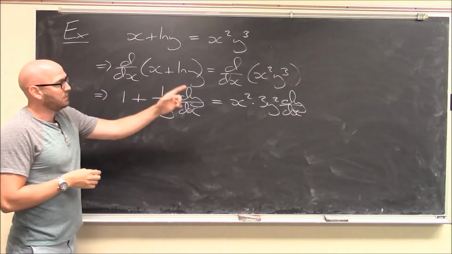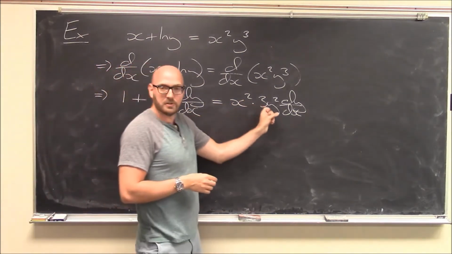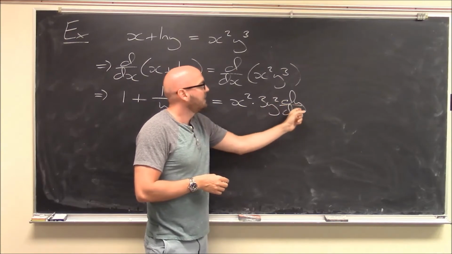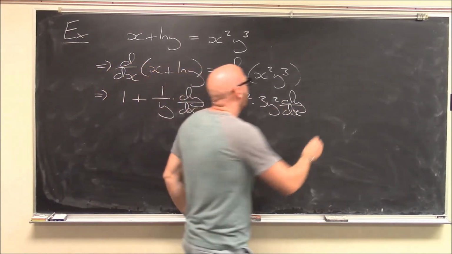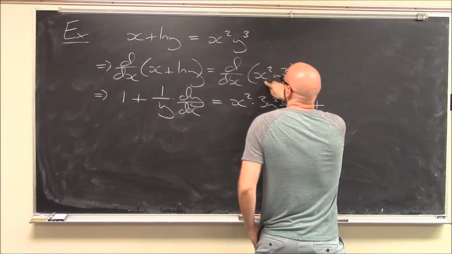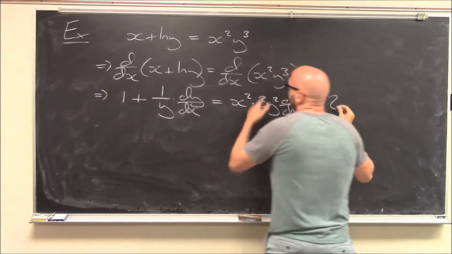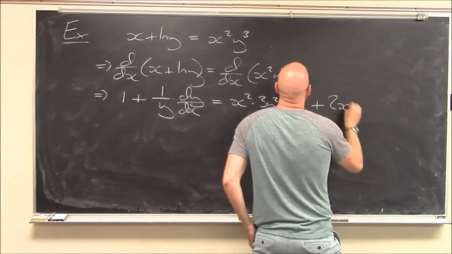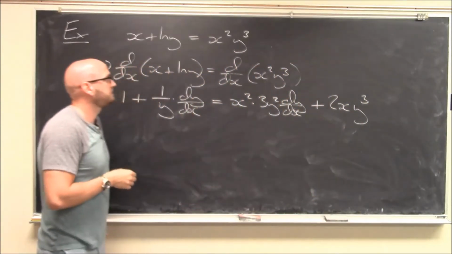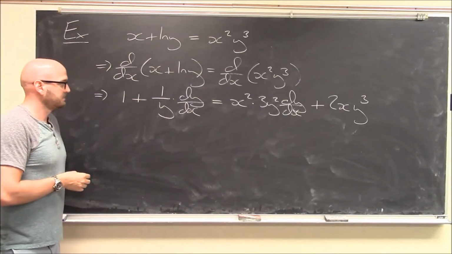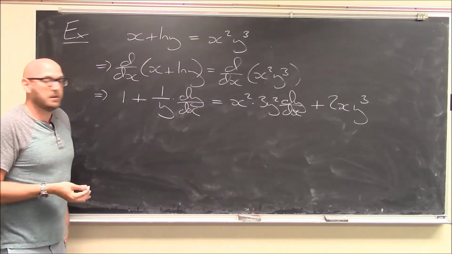Derivative of y cubed with respect to x is first differentiate with respect to y, 3y squared, times this extra term, the derivative of y with respect to x, plus the derivative of the first function with respect to x, derivative of x squared with respect to x is 2x times y cubed, the second function. And again, that's it. We've done our differentiating.